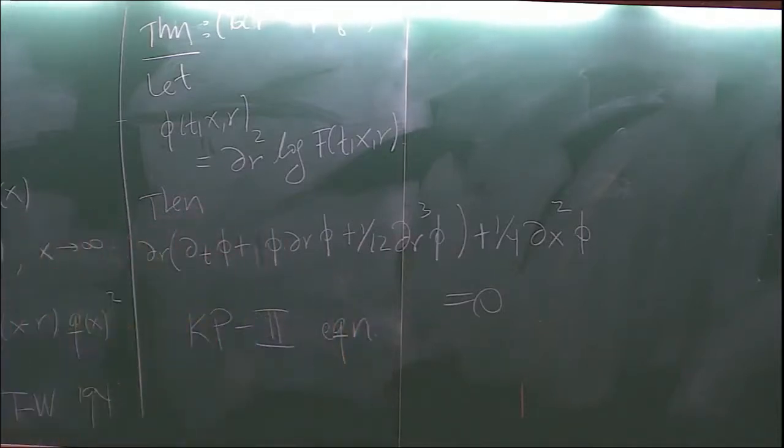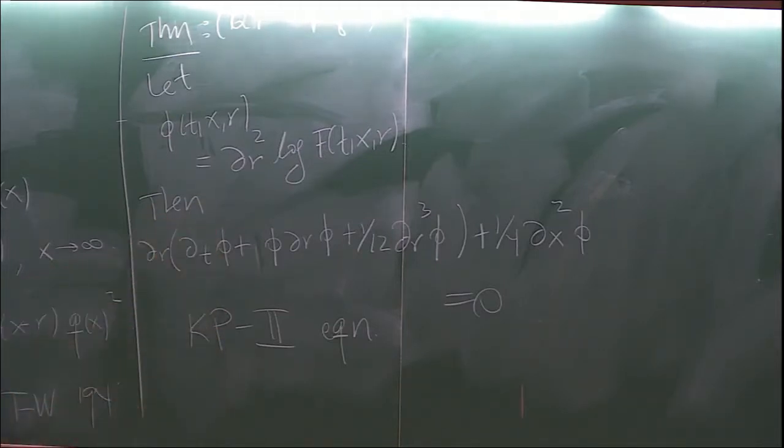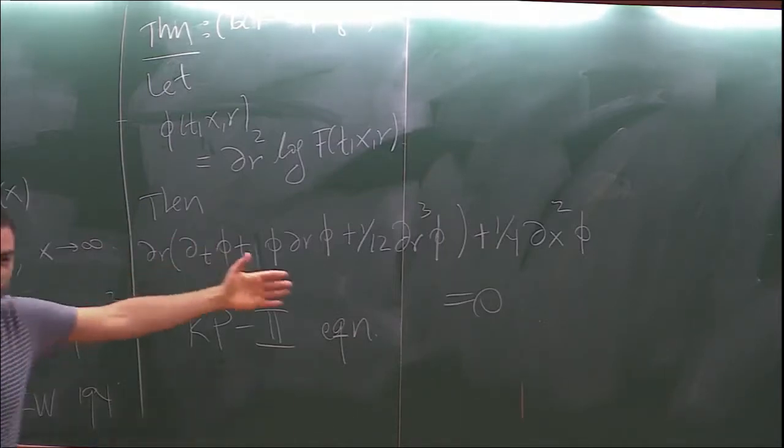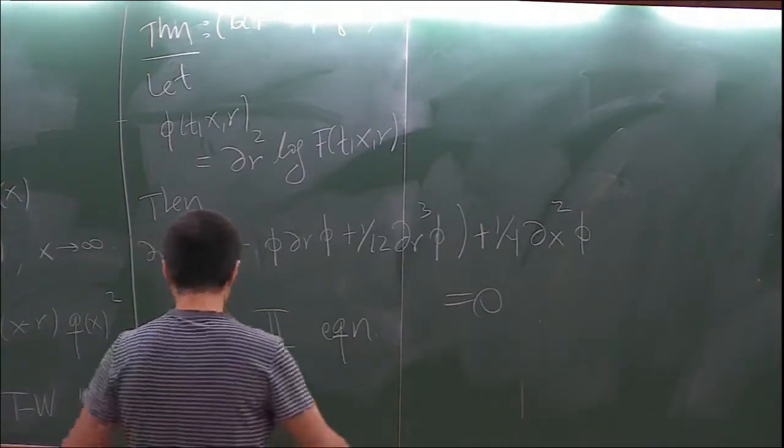The two, don't worry about the two. It has to do with the sign of one of the constants here. So this is Kadomtsev-Petviashvili. And yeah, there it is. So now if you want to know how this probability evolves, well, you take the log, you take the derivative, you solve this thing, and out pops the evolution.